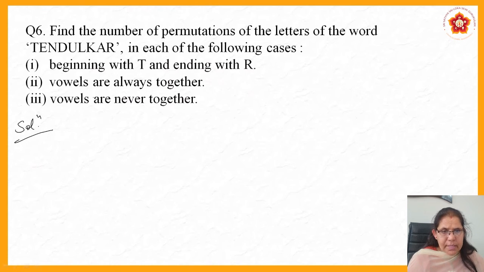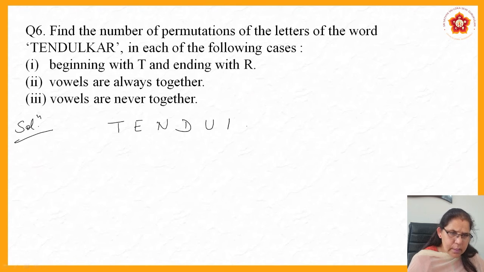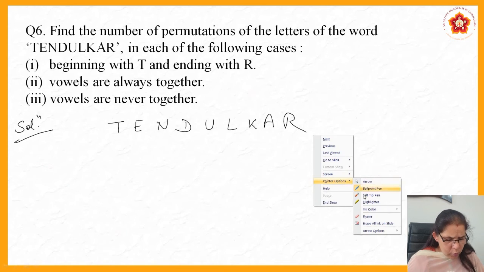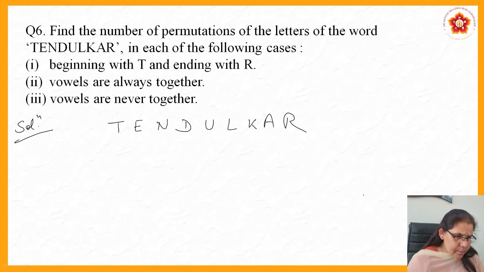Let's look at question number 6. Find the number of permutations of the letters of the word Tendulkar in each of the following cases. Let's first look at this word. You need to count the number of letters in it.